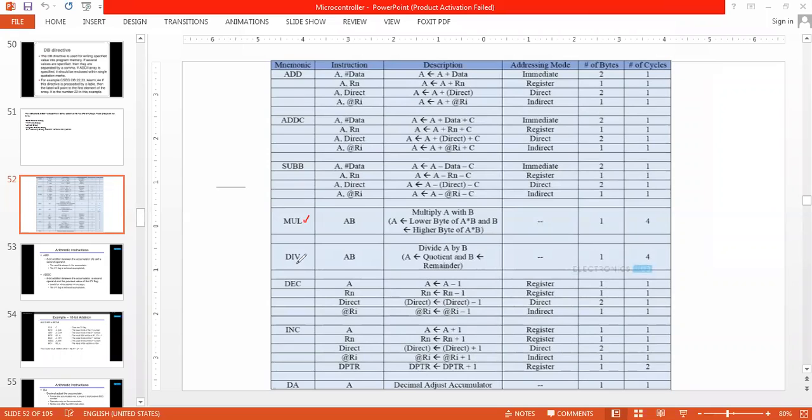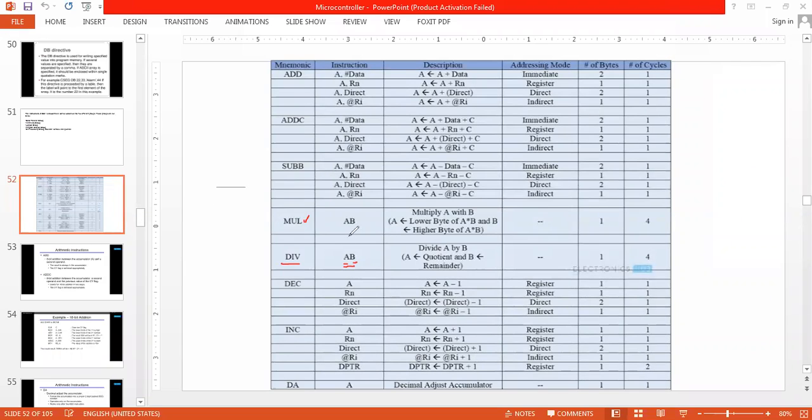Then division. Division also compulsorily uses the A and B registers only. We cannot use other registers like R0 to R7, or a direct address, or any immediate data. The data should be present in A and B. Say I have to MOV A, #05 and MOV B, #05.